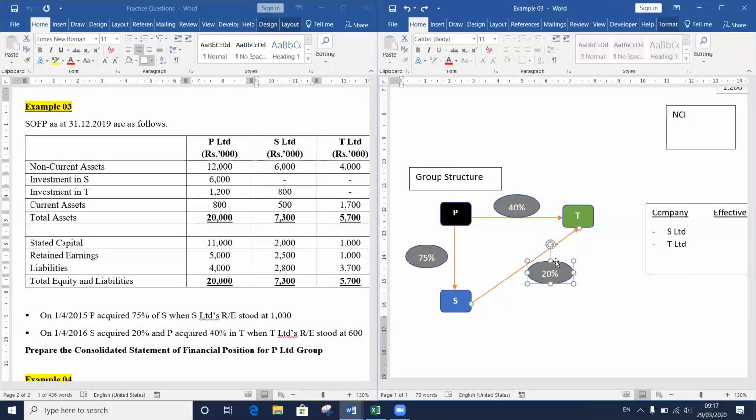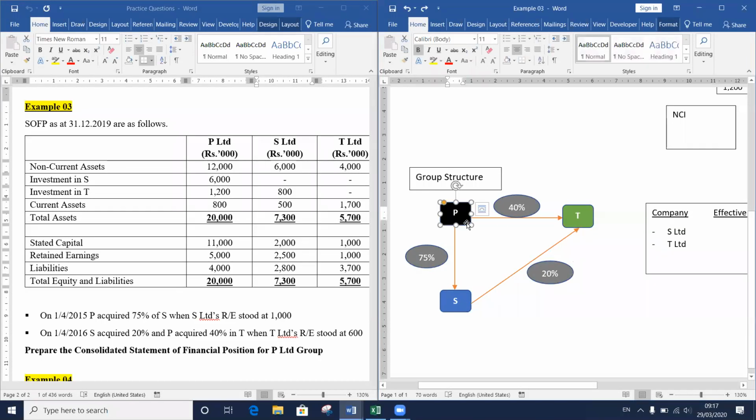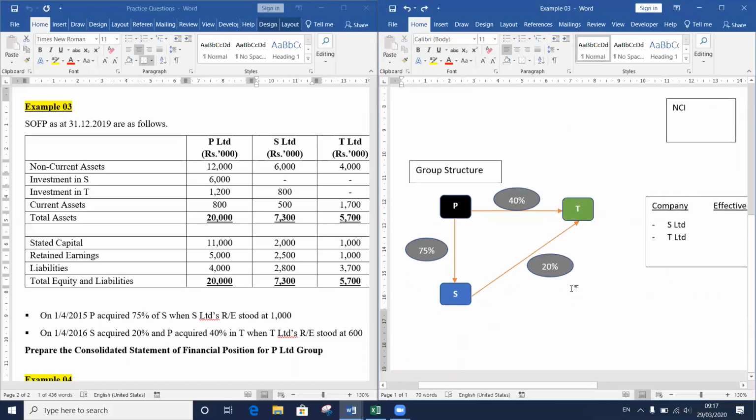But S also has invested 20% in T. So P and our subsidiary together, how much of T can we control? The combined effect is 60%, more than 50%. It means we can control T ultimately.